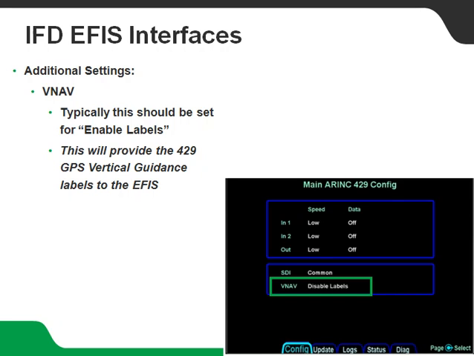If that's the case, we're always going to recommend check this thing first. For WAAS-enabled units and a WAAS-enabled PFD that can do GPS approaches, we would want to make sure that this VNAV setting is set to enable labels. Again, enable labels allows the IFD to spit out all of the vertical guidance stuff associated with GPS approaches to your PFD or your EFIS.